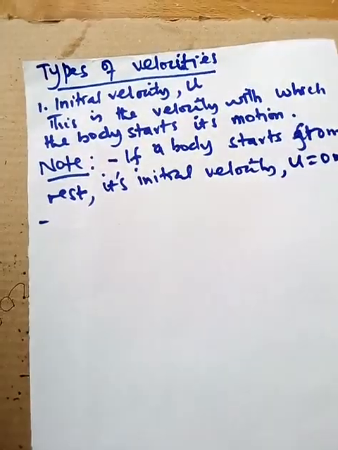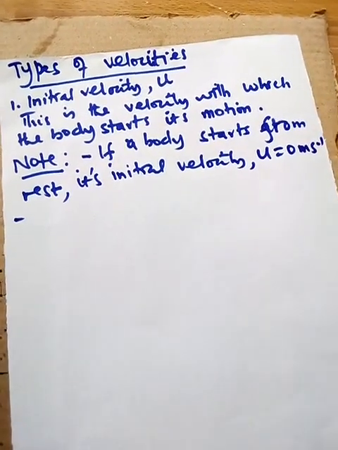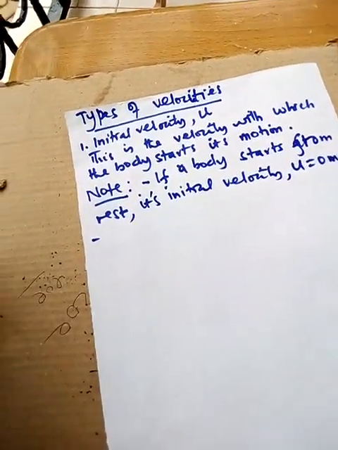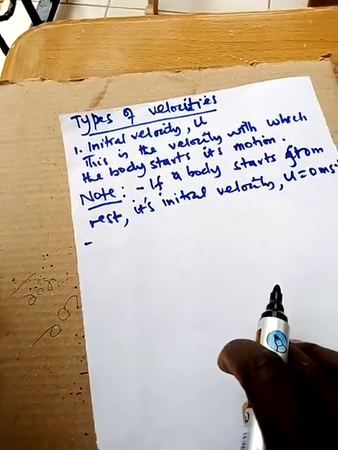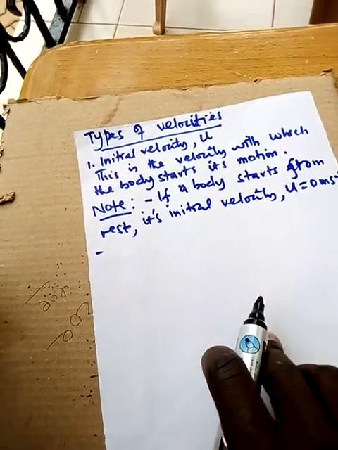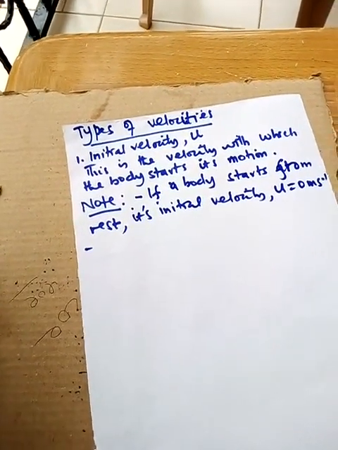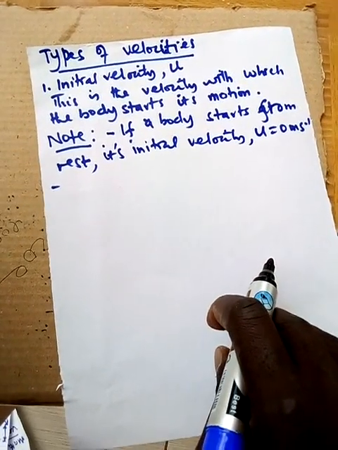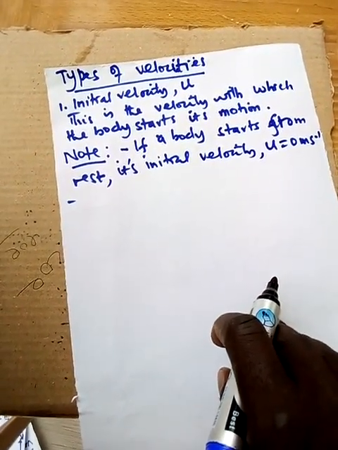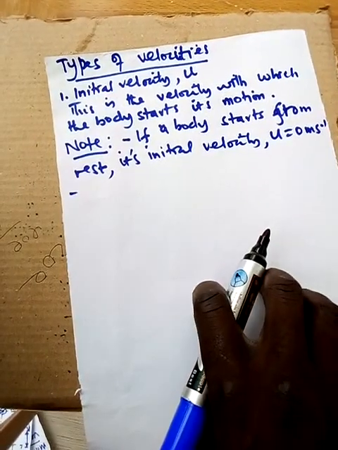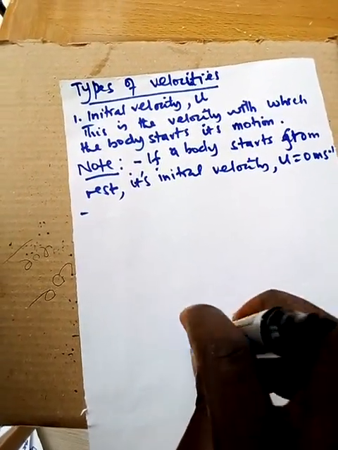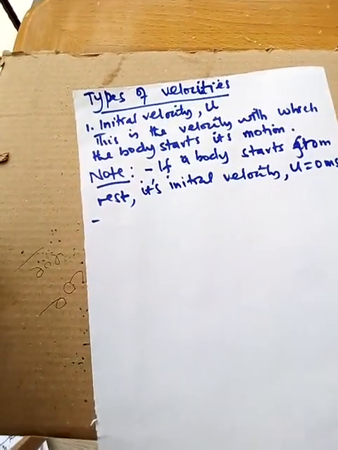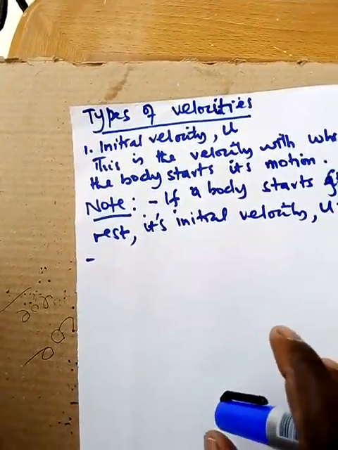If a stationary body starts its motion, by the way, a body being at rest, we call it a stationary body. So if a stationary body starts its motion, then its initial velocity is taken to be equal to 0 meters per second. A stationary body has the same initial velocity as a body that starts from rest. Understood? Because the word stationary is the same as static, and also the same as rest.